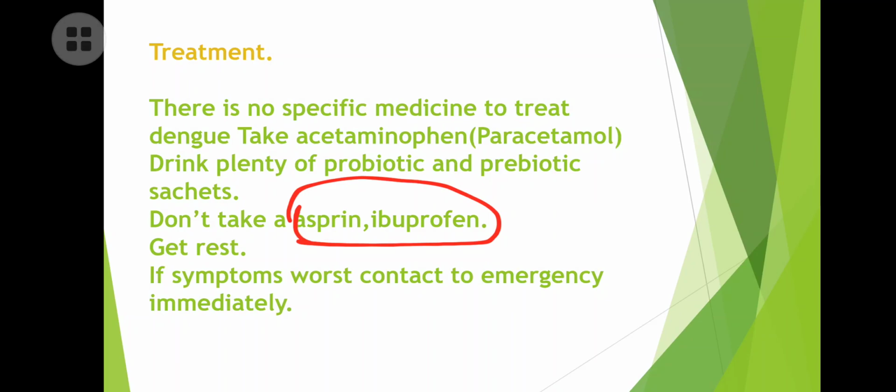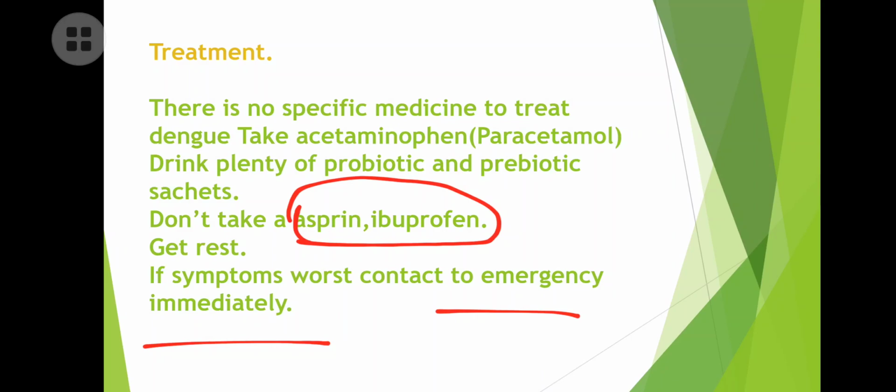If symptoms worsen, contact emergency immediately. If you are having continuous vomiting, or continuous bleeding from the urine or from the fecal matter, then contact emergency or get admitted to the hospital. There they will treat with IV fluids, intravenous fluids, and if necessary, they will give some beta-lactam antibiotics.